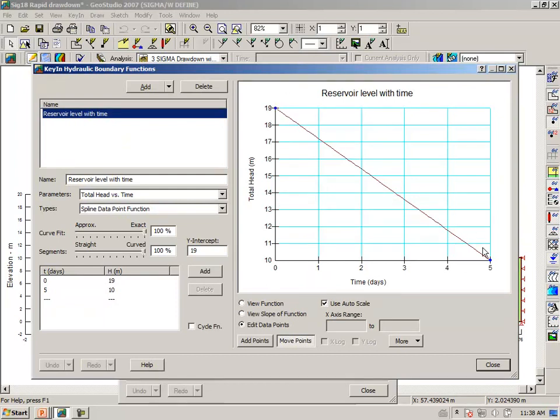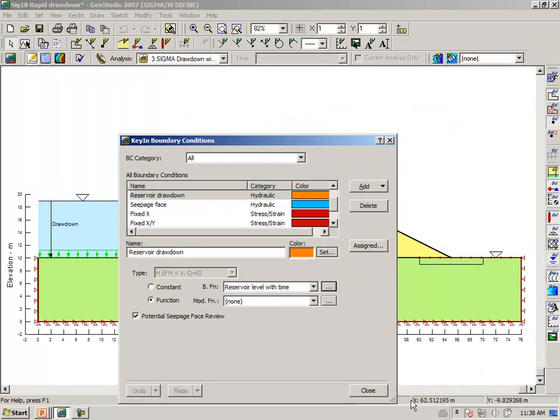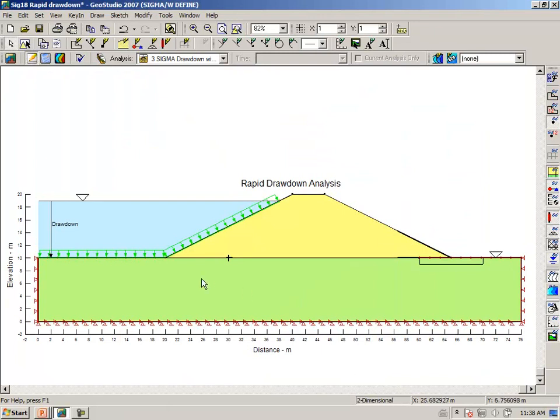The full supply level, drawing the total head. It's the total head that we are drawing down over a period of 5 days. So we have specified 2 types of boundary conditions on the ground surface which was in contact with the reservoir, and the reservoir is going to disappear with time.